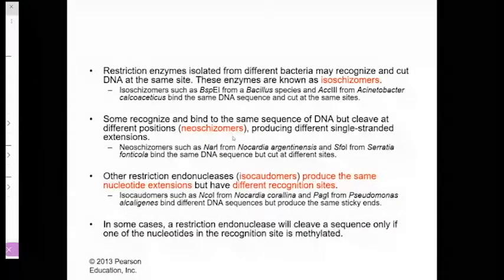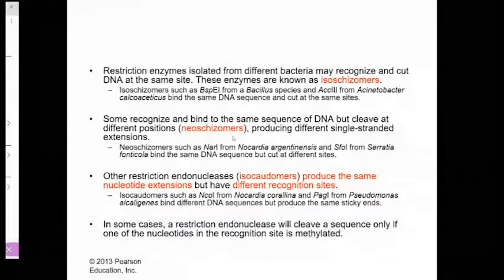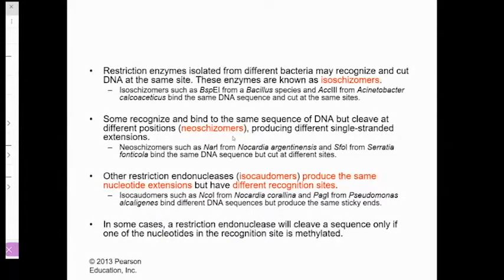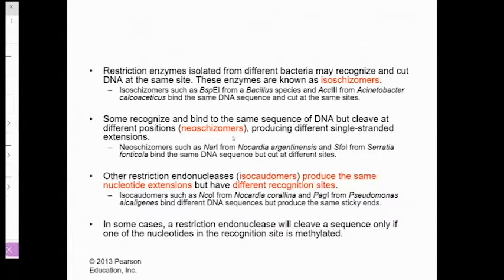And also there are different enzymes that can recognize and cut the DNA at the same site, but they are purified and isolated from different bacteria. This kind of enzyme we call isoschizomers. That's enzymes that recognize and cut at the same location but are purified from different bacteria.